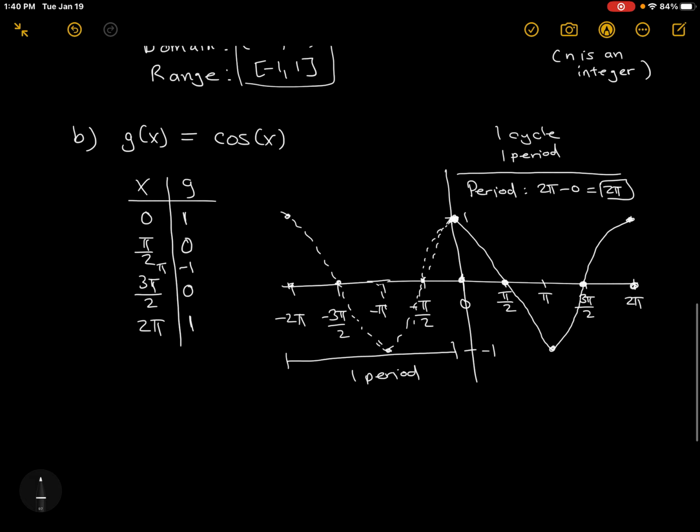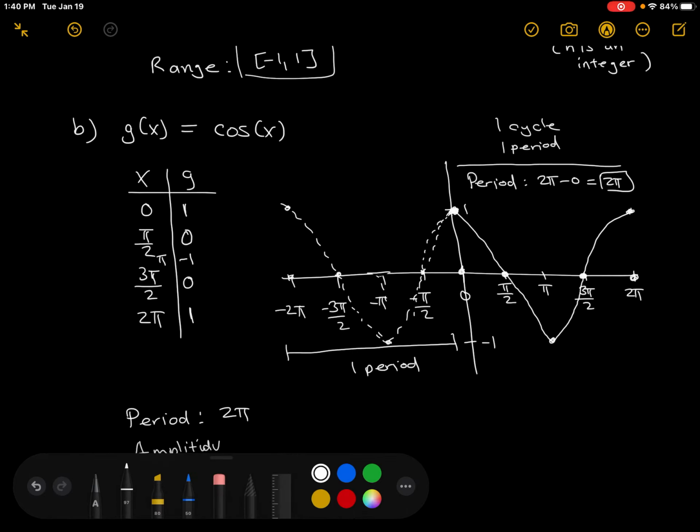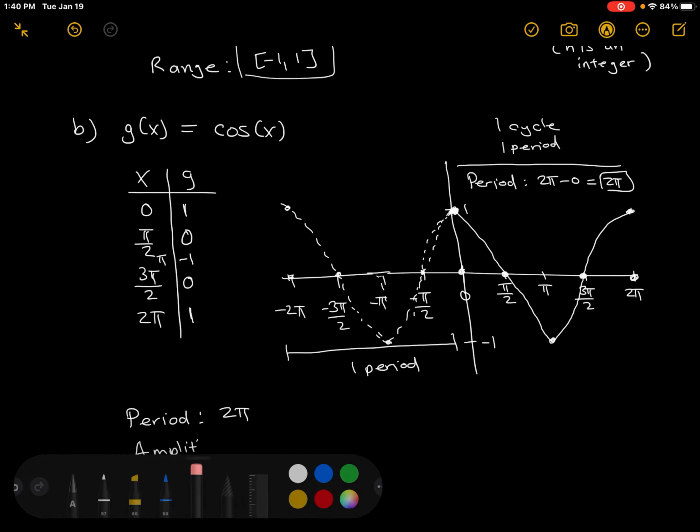And let's fill in the remaining part of what this problem is asking us to find. The period is 2 pi. The amplitude, again, is the distance. You can think of it as the distance. Oops, I spelled amplitude wrong here.